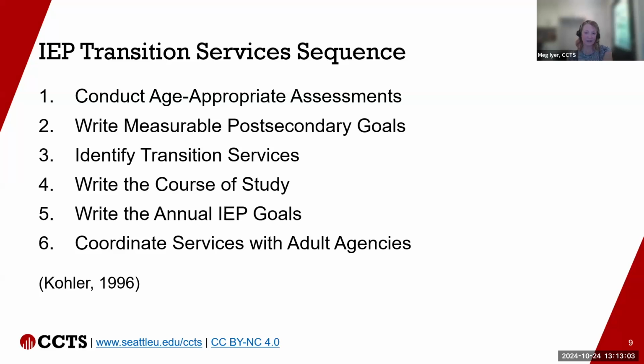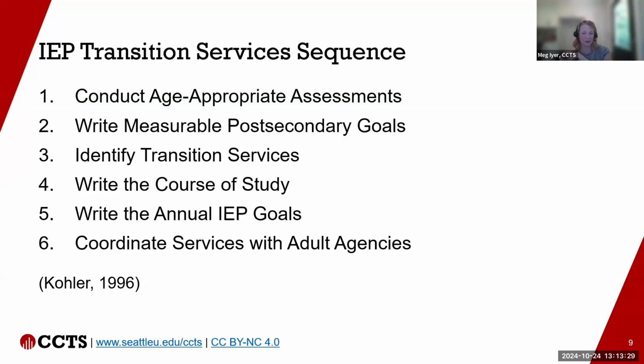This intentional flow starts with age-appropriate transition assessments, and the results of these assessments inform all the activities that follow, which are writing measurable post-secondary goals, identifying transition services, writing the course of study and annual goals, and coordinating with adult service agencies. These activities create a viable IEP that is designed by and for the student.